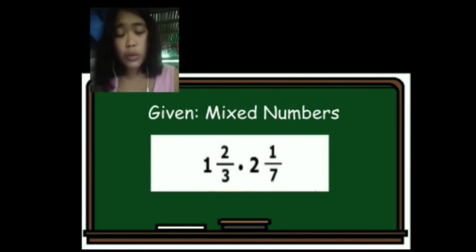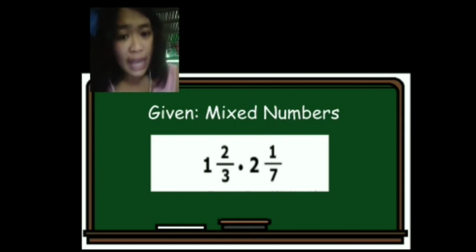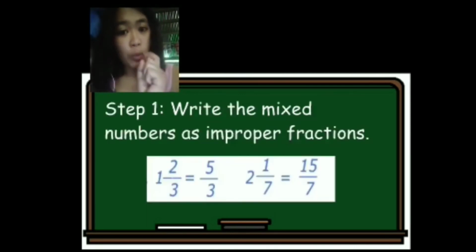All right, let's do the given example. We have the mixed numbers 1 and 2 over 3 times 2 and 1 over 7. We also need to follow the step-by-step process to solve this.